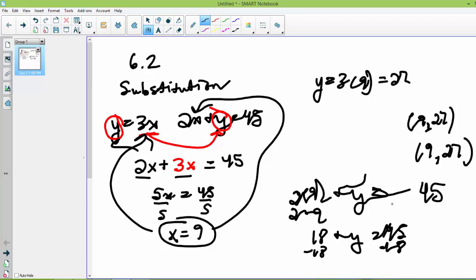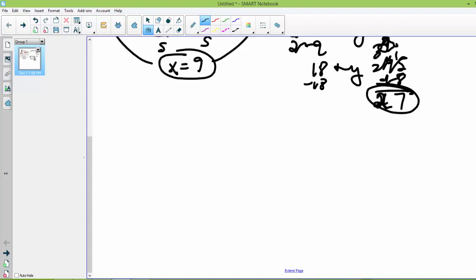And you would need to borrow from the 4, which makes this a 3. 8 minus 15 is 7, and 1 minus 3 is 2. So 27 is also what you get. If you can read any of that. All right, so we have our ordered pair solution for that.